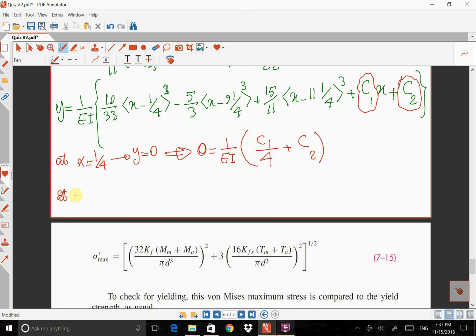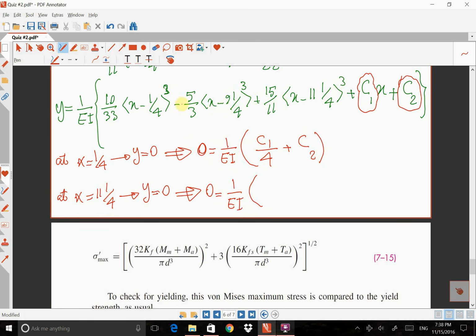And at x equals 11 and a quarter here, y will be 0. So 0 equals 1 over EI. If I put 11 and a quarter here, that will be 0.